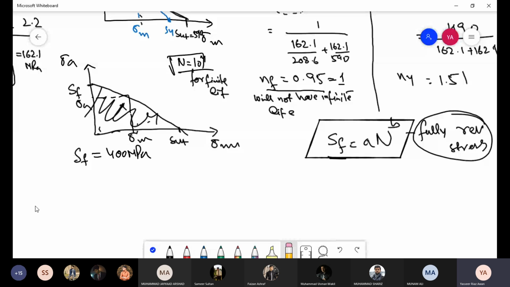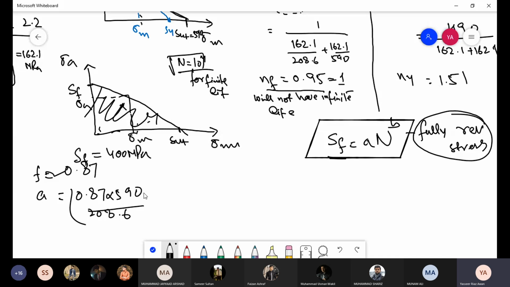And to use this formula, we also need the value of A. So for that, first look at this fraction, that is for 590. So this fraction is somewhere about 0.87. So A would be (0.87 into 590) squared divided by endurance limit. Okay.